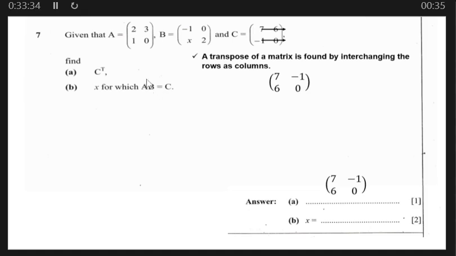In between A and B there is a multiplication which they are not showing you. When they write AB, it means matrix A times matrix B is equal to matrix C. So we'll write this expression as shown.